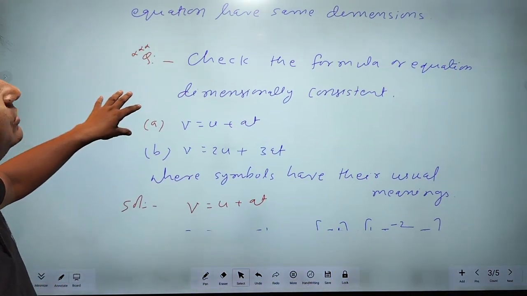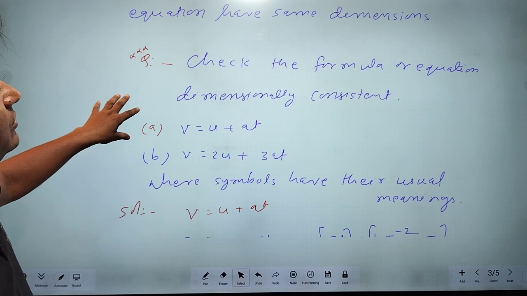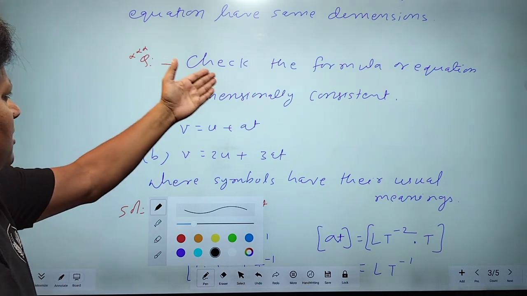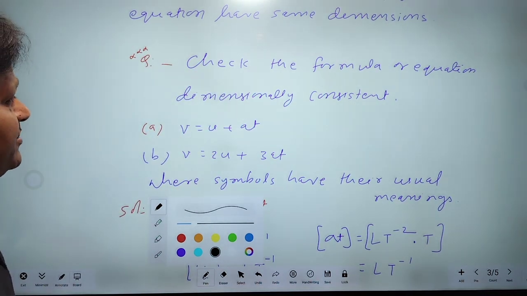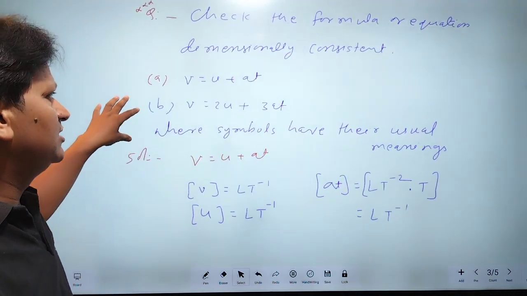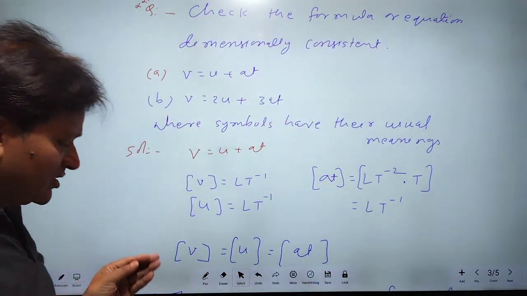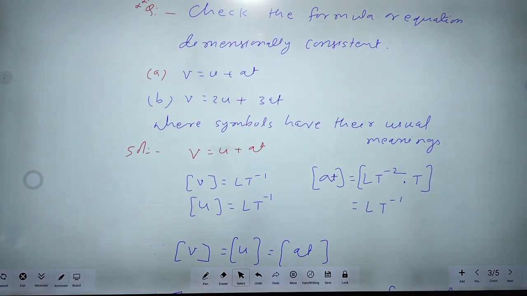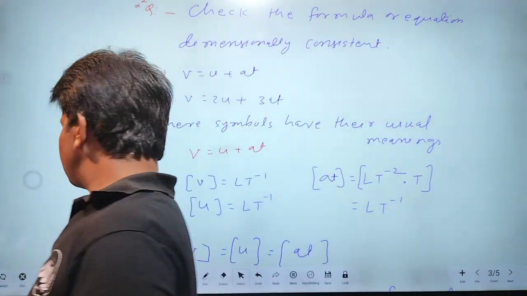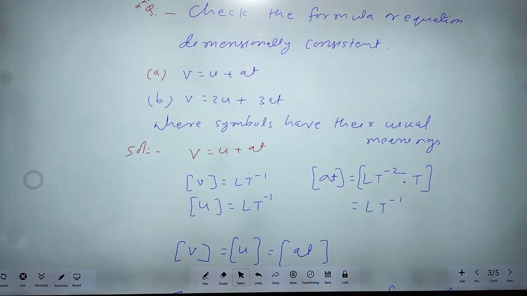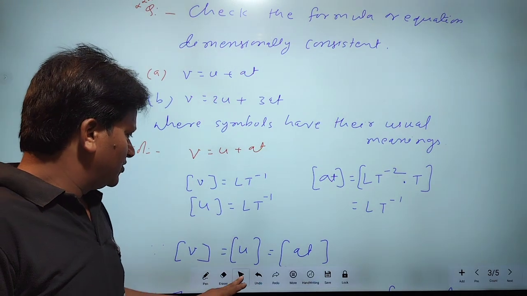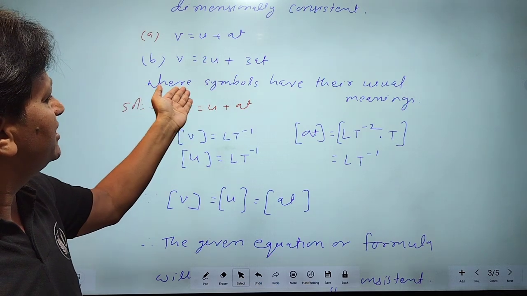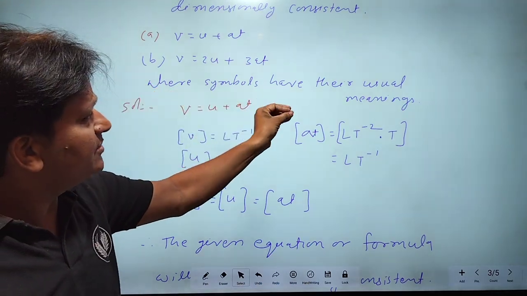Now I am going to give you an example question. Check whether the formula or equation is dimensionally consistent or not. V is equal to U plus AT, where symbols have their usual meanings.